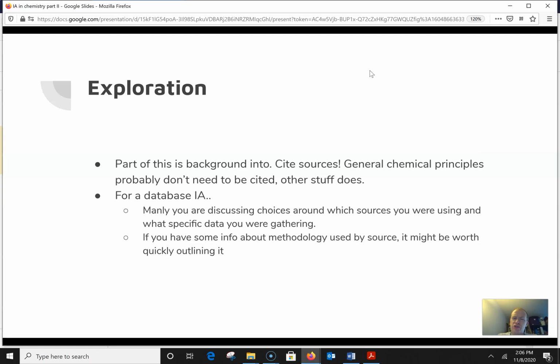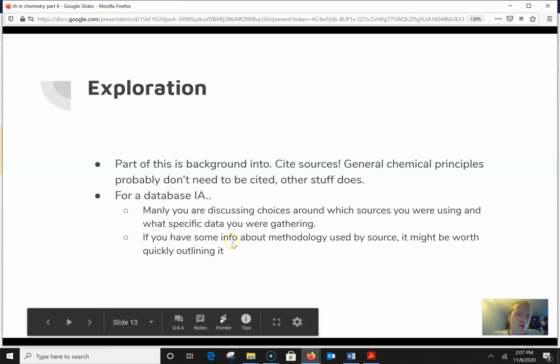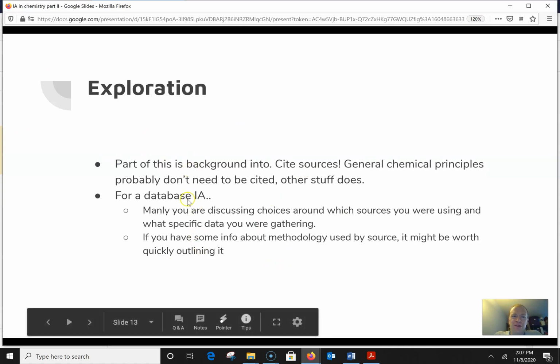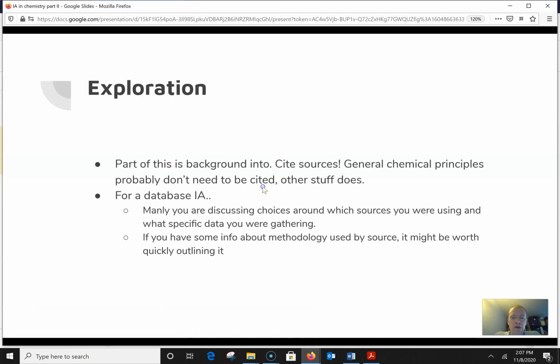If there are a few general things that you could mention about the methodology that was used to get the data that you were looking at, it might be worth mentioning. It depends on how long it is, and you wouldn't want to include a super amount of detail there. Obviously you're not writing an experimental design, you're not writing a procedure, so it's a different sort of thing. It's sort of the method of your research, if you will.